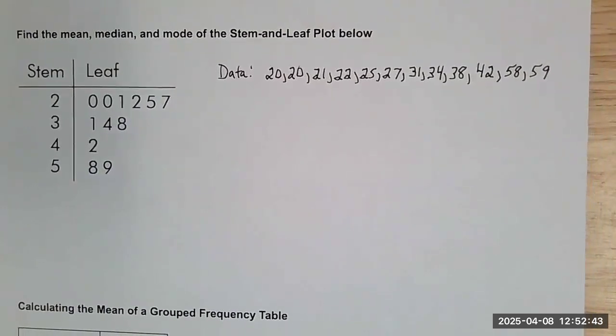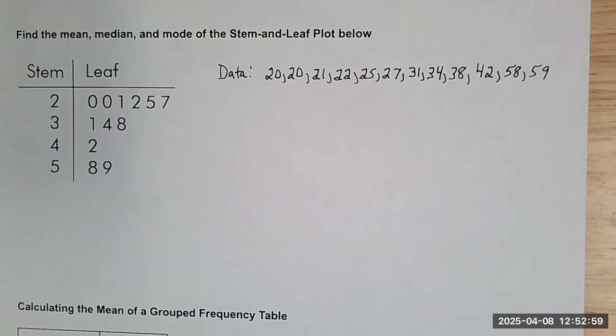So it's not terrible. It just looks a little weird if you've never seen one before. And then the question says, find the mean, the median, and the mode of this data.